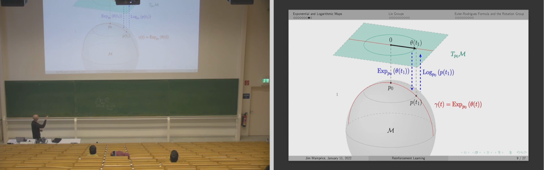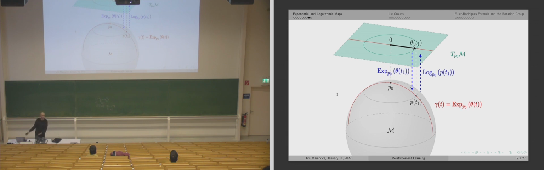that geodesic here. And then the logarithmic map is the inverse map, so it's also defined for point P0. It's attached at a certain tangent plane or space, and it will take a point from the manifold and pull it back to the tangent space, and then tell you what this vector here, theta, is.